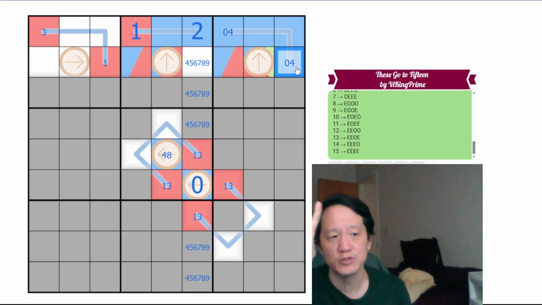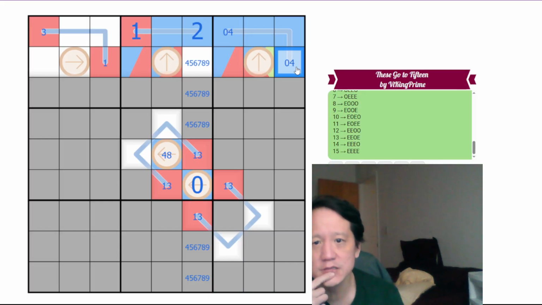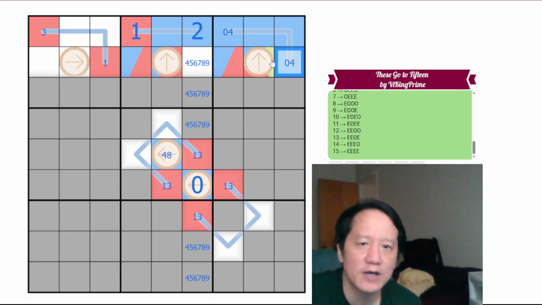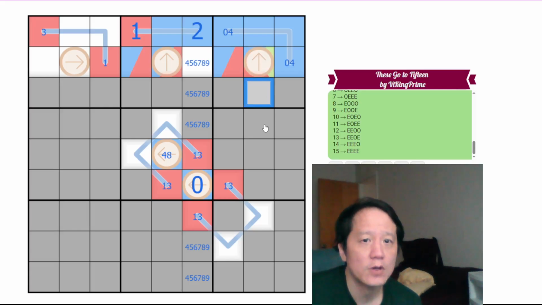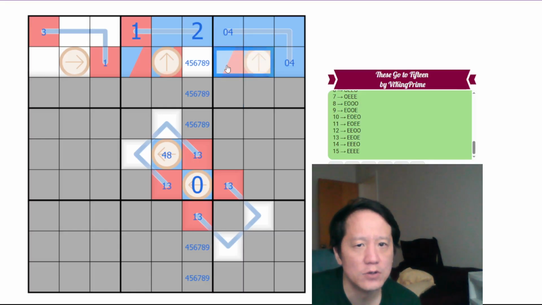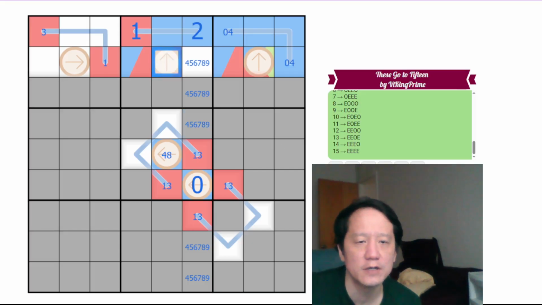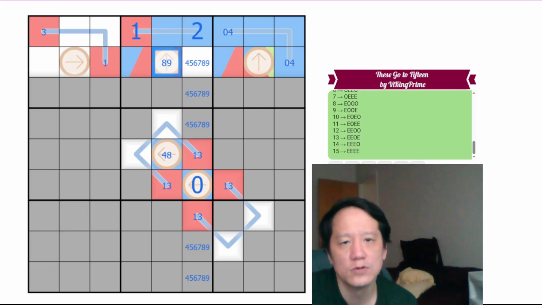So that means it has to be the sum of 2 digits. So we have to have 1 even digit there. So we're guaranteed 1 even digit here. This is even, so that's 1, 2, 3. This has to be 8 or 9 here.